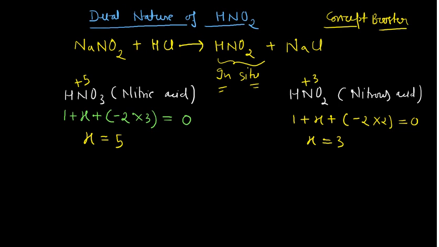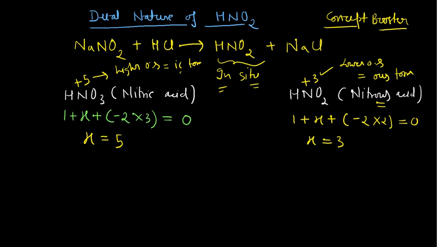So from the basics of inorganic chemistry, whenever you have species in which the same element has different oxidation states, the species with the lower oxidation state is known as the 'ous' form. That's why it is nitrous acid. And +5 is the higher oxidation state, so it is the 'ic' form, that means nitric acid.